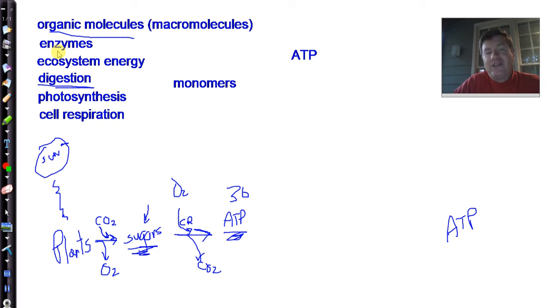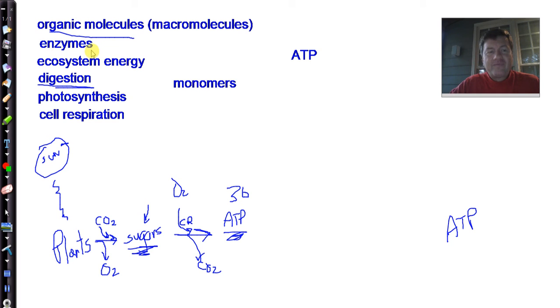This requires enzymes. We didn't get into a lot of detail with enzymes, but you should know that enzymes can make reactions happen because they lower the amount of energy required to force things together or to break things apart. So since they make things happen, they speed reactions up, and they are so important that if you lack an enzyme, then you may not be able to do a reaction at a fast enough rate to be effective.